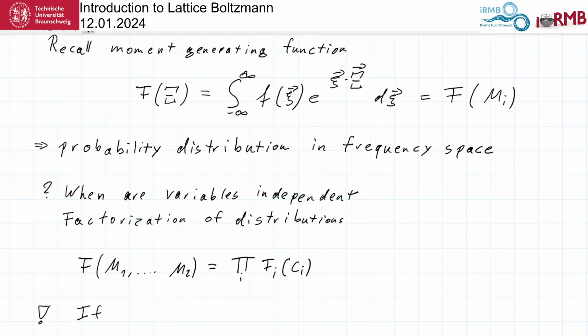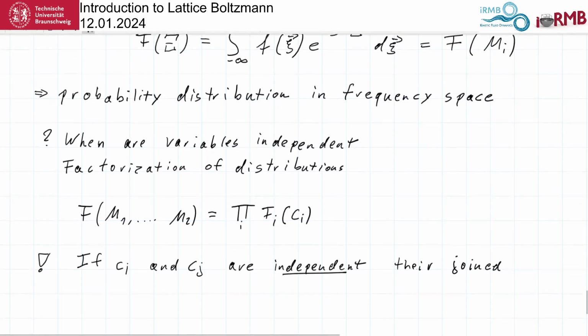And now we say that if ci and another one, cj, are independent, meaning there's no correlation, their joint probability distribution factorizes.